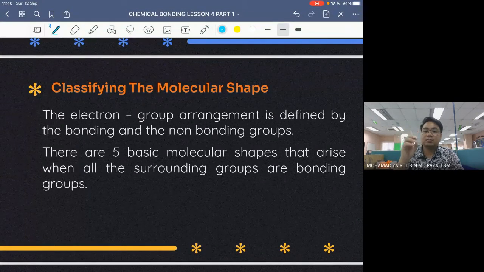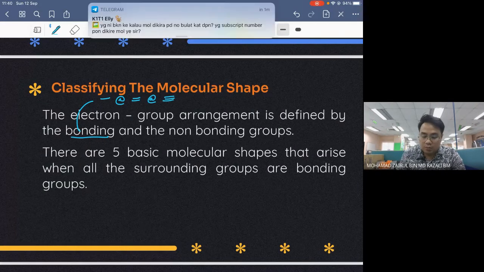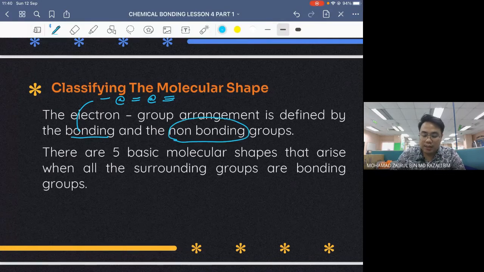Okay, and for the electron group arrangement, kita kena include sekali bonding and also non-bonding group. Bonding itu maknanya dia akan either single bond atau double bond atau triple bond. A non-bonding group ini nama lain dia kita panggil sebagai lone pair electron ataupun lone electron.